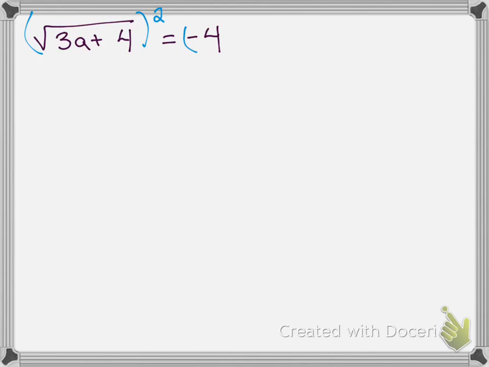So I'm squaring this, and I'm squaring this. Okay? When I square the square root of 3a plus 4, I get no square root. I get just 3a plus 4. When I square negative 4, I get 16. Do you know how to solve this? Take about 30 seconds and solve it for me.